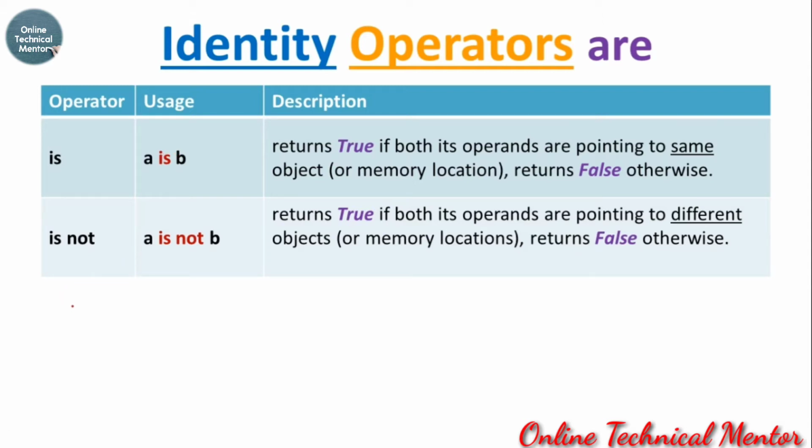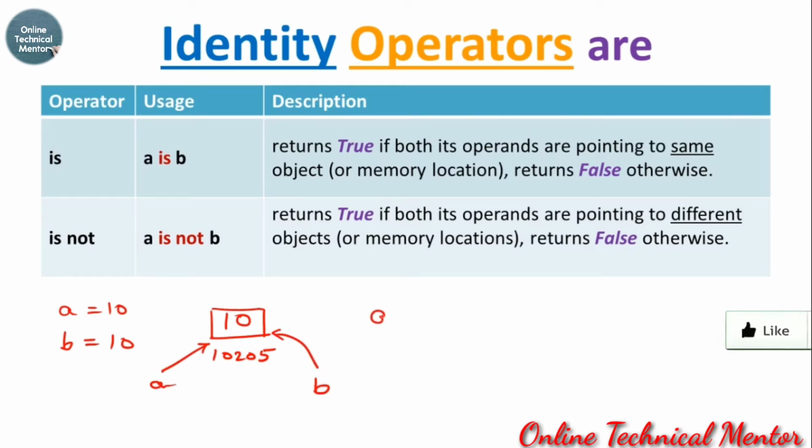Suppose let A equal to 10 and say B equal to 10. Now in Python, 10 has some memory location. Suppose its memory location is say 10205, and both A and B are pointing to this memory location.